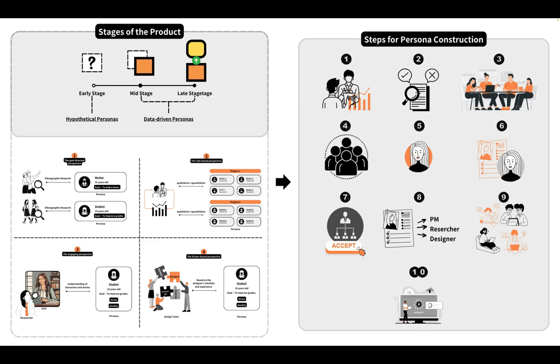During the mid to late stages, data-driven personas are used to explore user needs. In the final phase, personas guide product interactions. And by following the 10-step process, you can complete the persona development. So, next, I will introduce these 4 perspectives in detail.